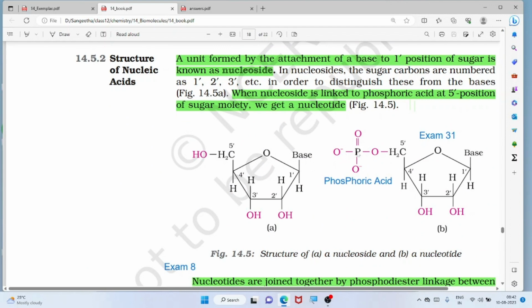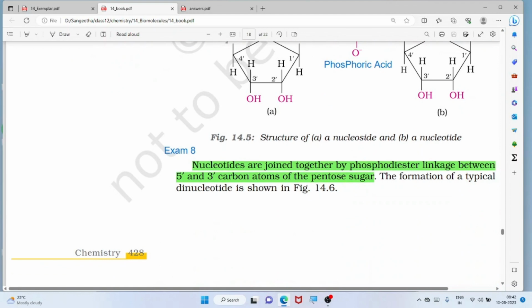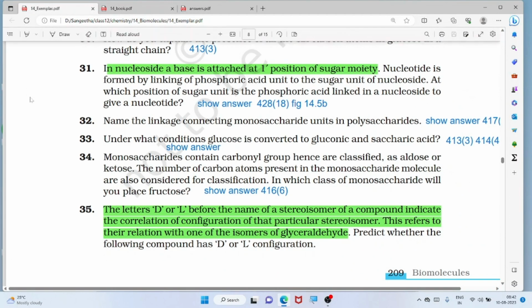So here it is linked to get the nucleotide. Name the linkage connecting monosaccharide units in the polysaccharide.